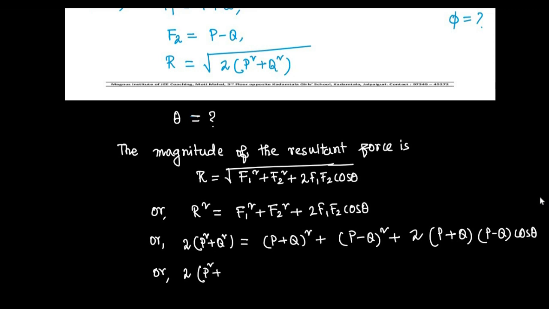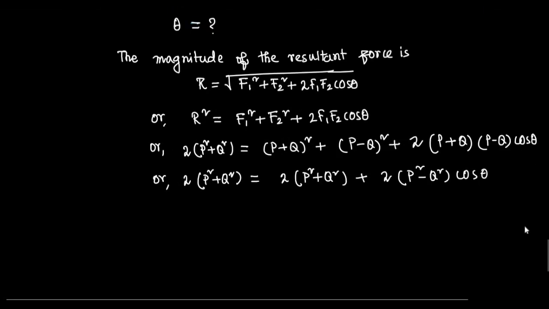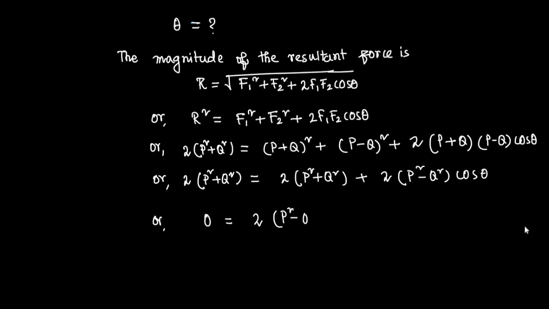In place of P plus Q whole square plus P minus Q whole square, we can write 2P square plus Q square, so 2P square plus Q square equal to 2P square plus Q square plus 2 into P square minus Q square cos theta, or 0 equal to 2 into P square minus Q square into cos theta.